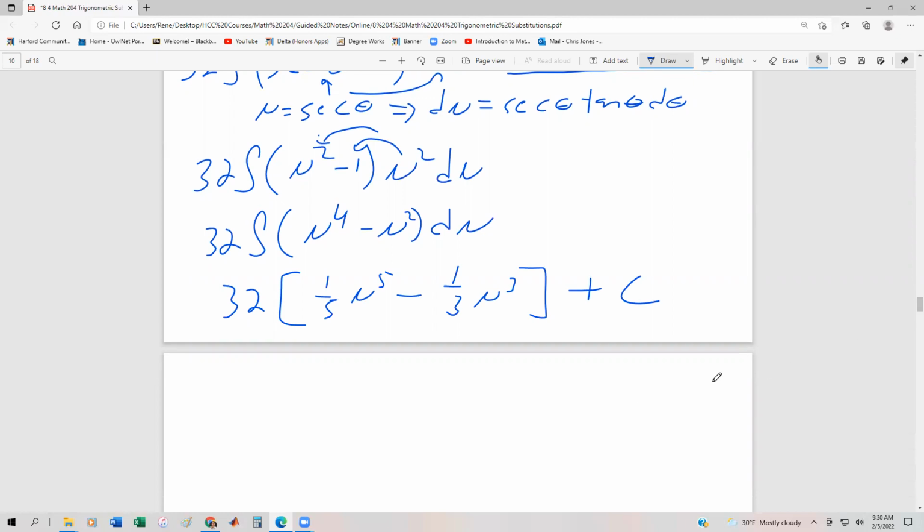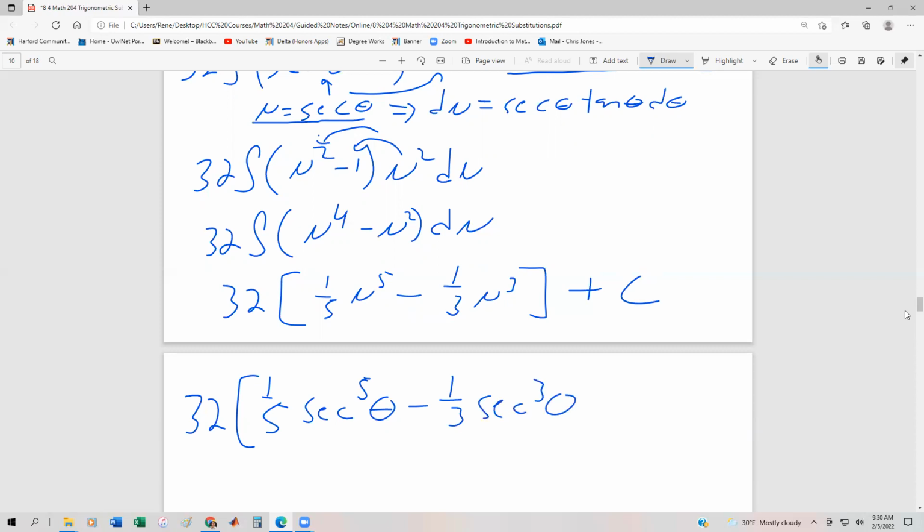At this point, we're going to back substitute. Remember, when we did the u sub, u was equal to secant. So this is going to be 32 times the quantity 1/5 secant to the fifth of theta minus 1/3 secant cubed of theta plus c.